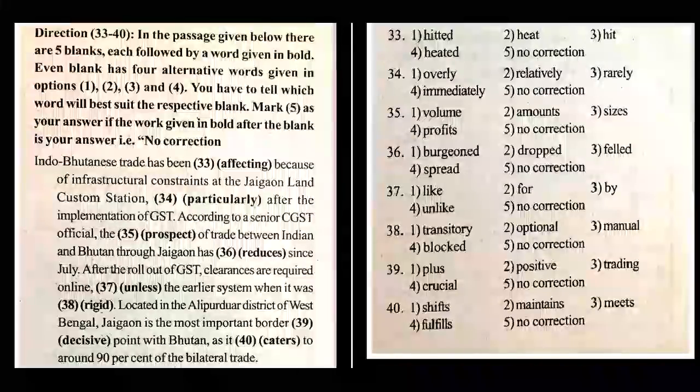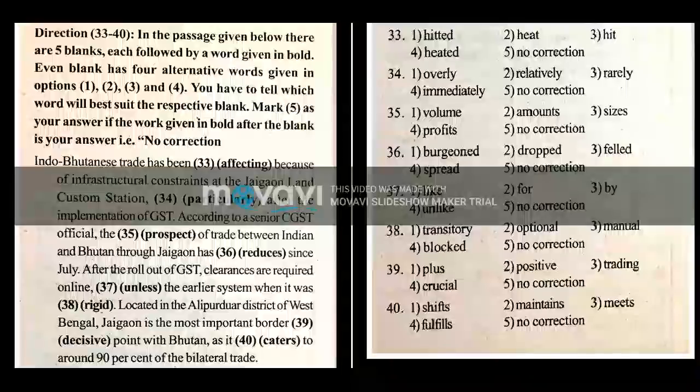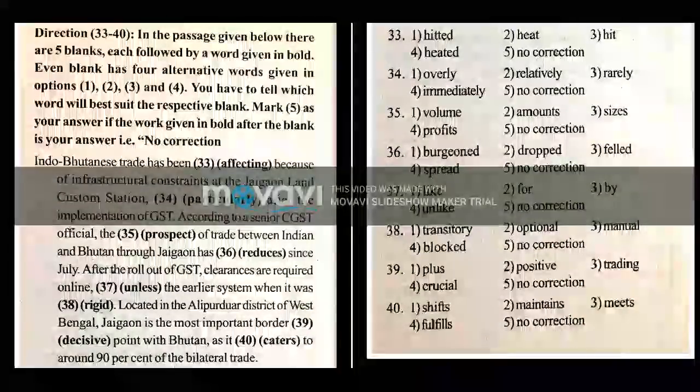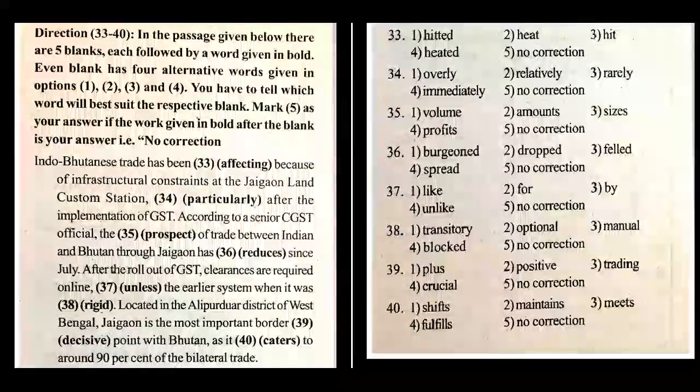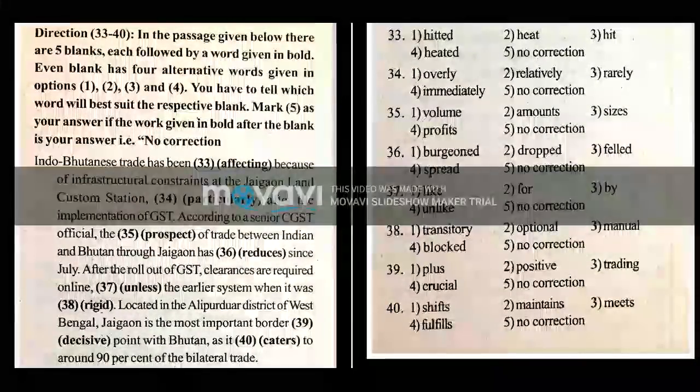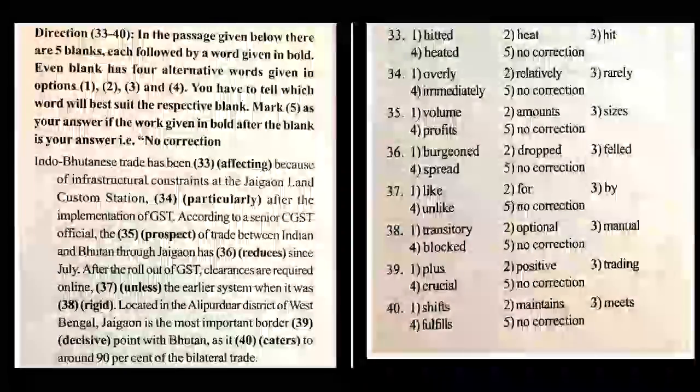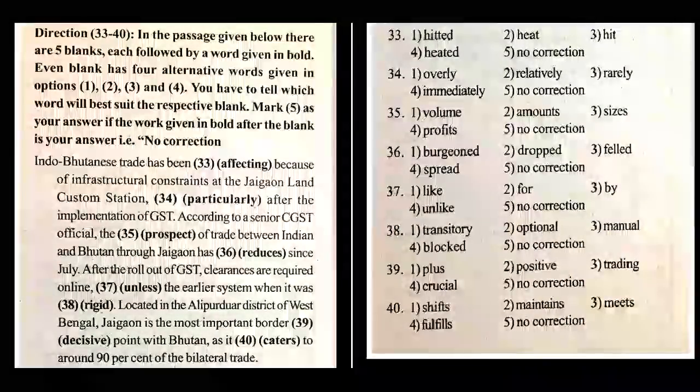We can eliminate burgeoned, and option number 4 spread as well, because these two words are antonymous with the word which is required for the blank. हमें चाहिए एक ऐसा वर्ड जिसका मीनिंग हो घट जाना, किसी चीज में कमी हो जाना, और 1 and 4 का मीनिंग है बढ़ जाना. I hope it is clear. So now it is eliminated. We have eliminated option number 1, 4 and 5.